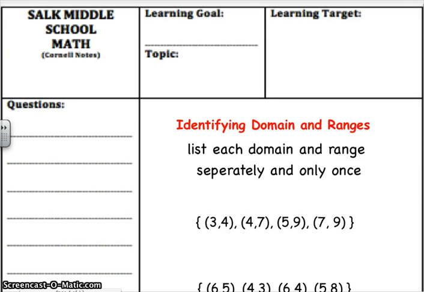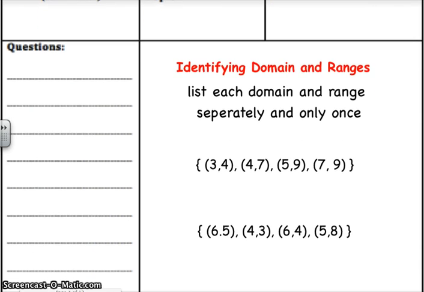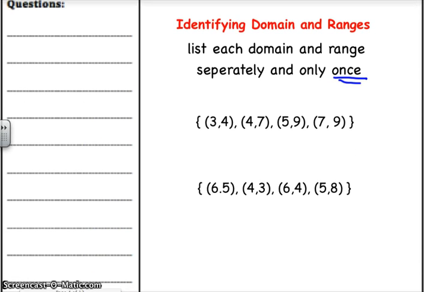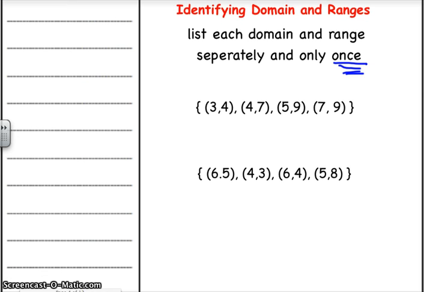This is one of the things you'll be doing. You are going to list each domain and range separately, and you only list it once. So if it's a repeating value, just list it one time. So how it'll look, you'll be given, remember this is a relationship, because it's a collection of points, a relationship. I'm going to say, okay, domain.